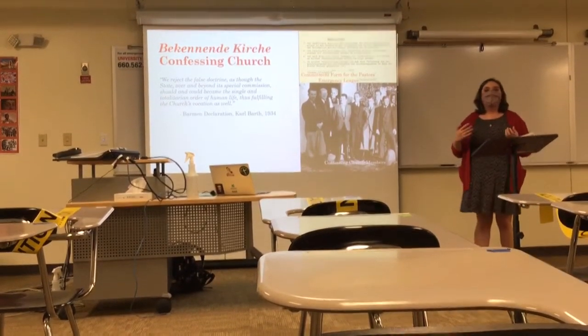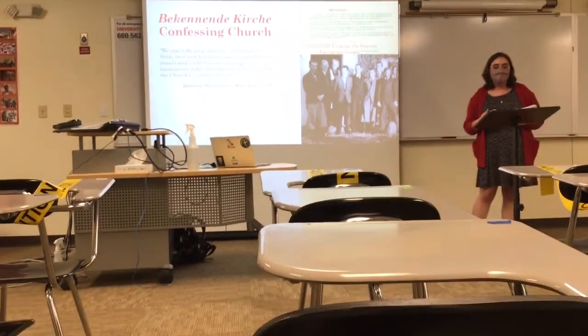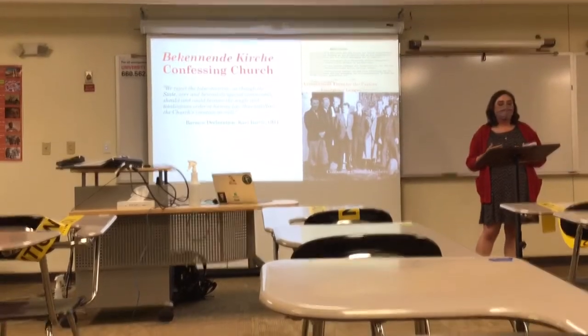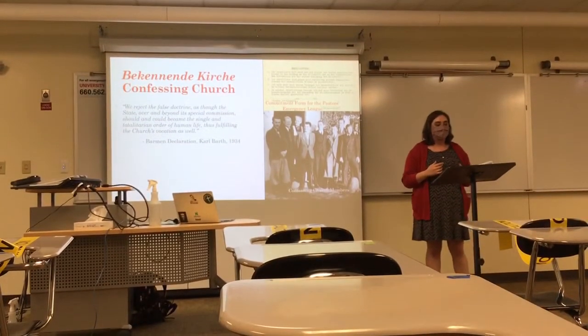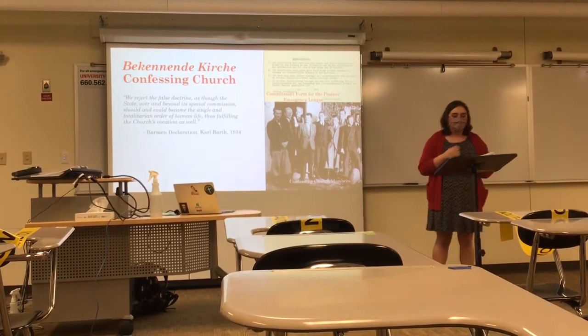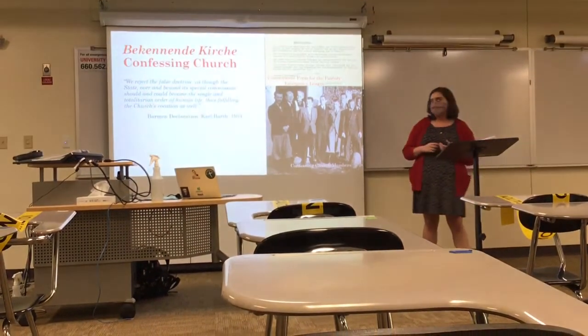So one statement from the Barmen Declaration is, we reject the false doctrine as though the state, over and beyond its special commission, should and could become the single and totalitarian order of human life, thus fulfilling the church's vocation as well.